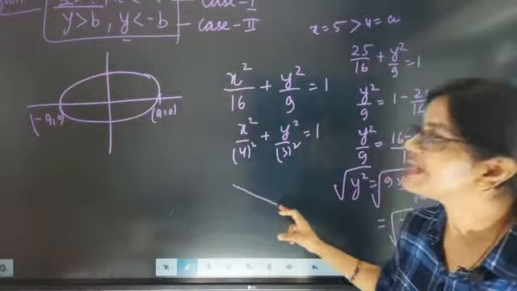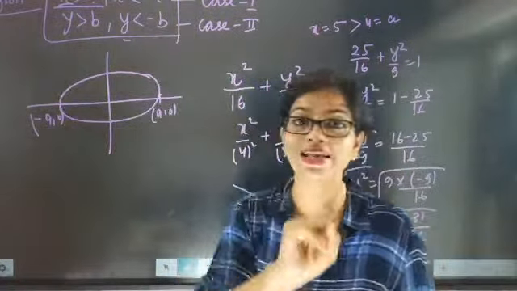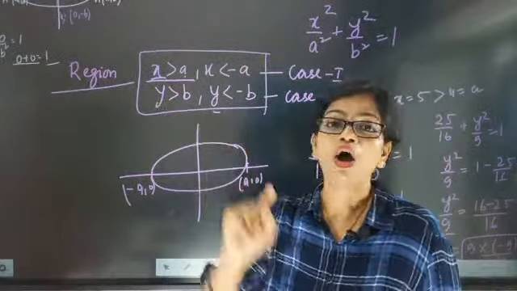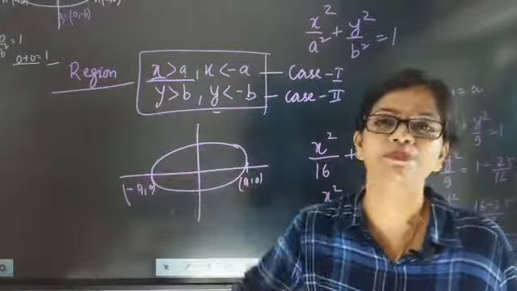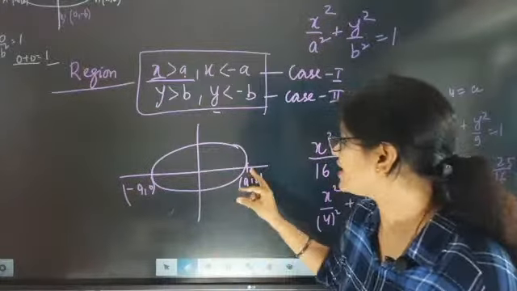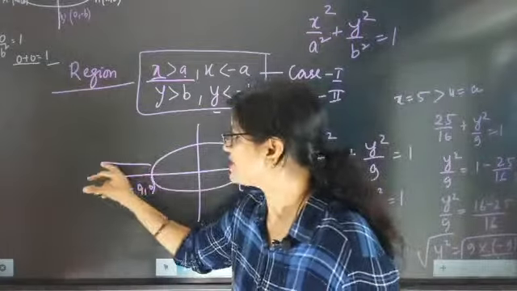So it is indicating only one thing, that these two cases are never possible. We cannot take any value of x greater than a or less than minus a.